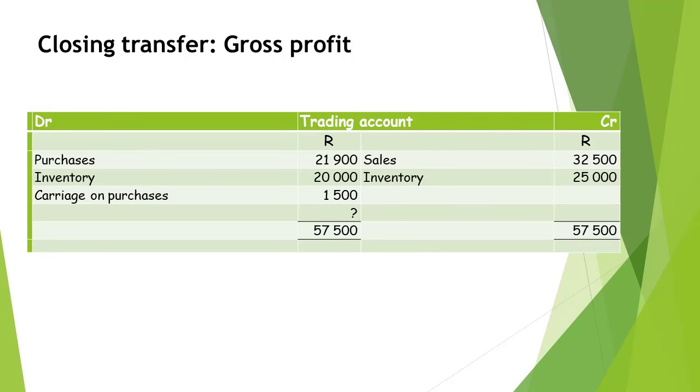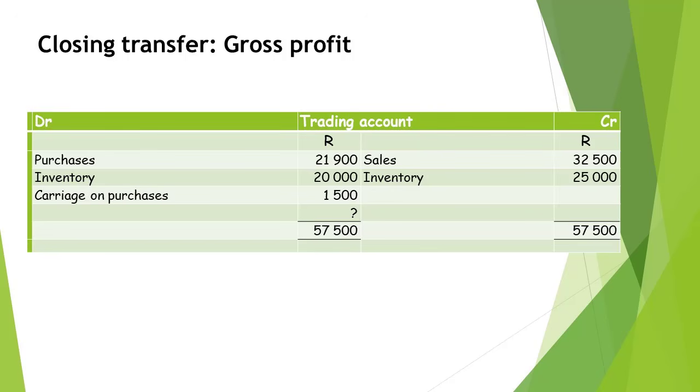Next, we need to calculate the amount of gross profit or loss which will be transferred to the profit or loss account. If the total on the debit side is bigger than the total on the credit side, the business made a gross loss. On the other hand, if the credit side total is bigger than the total of the debit side, the business made a gross profit.